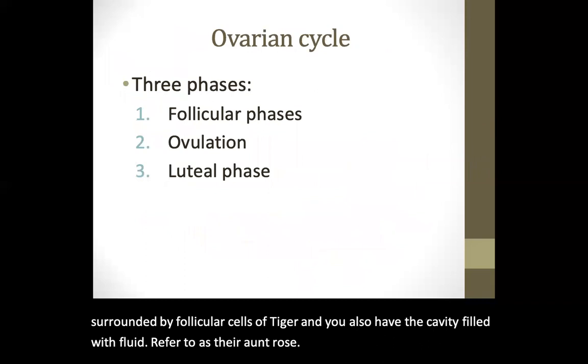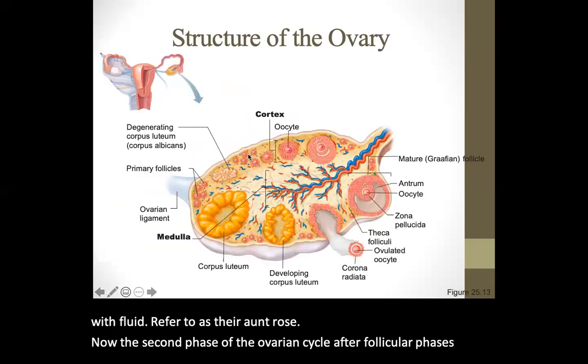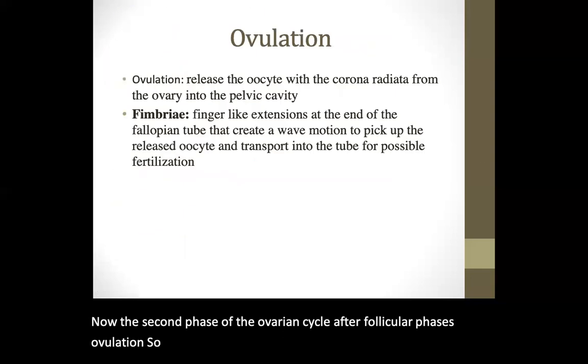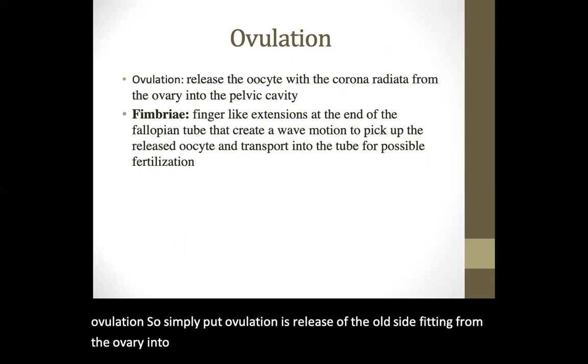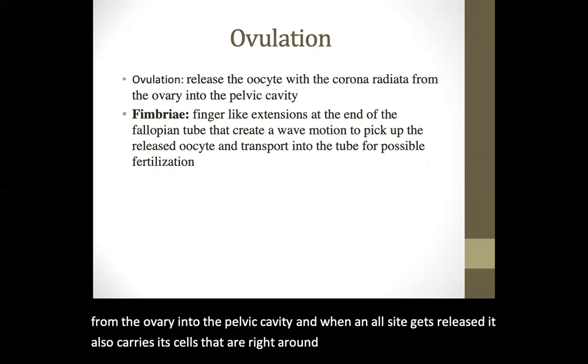Now, the second phase of the ovarian cycle after the follicular phase is ovulation. So simply put, ovulation is the release of the oocyte from the ovary into the pelvic cavity. And when an oocyte gets released, it also carries the cells that are right around the oocyte, called the corona radiata.